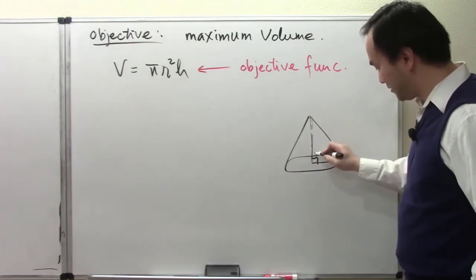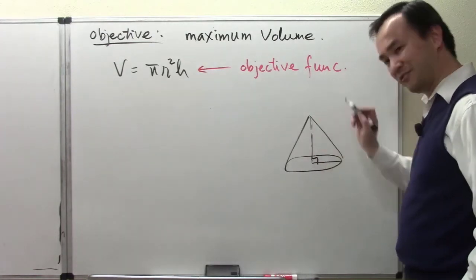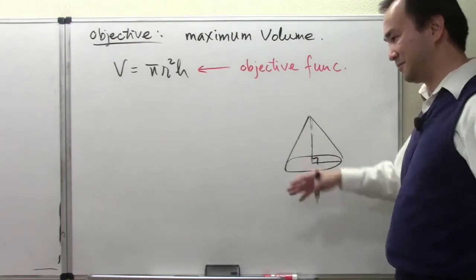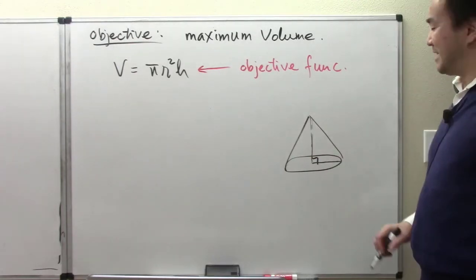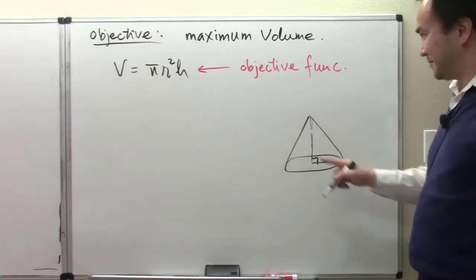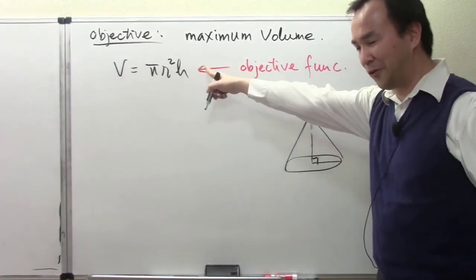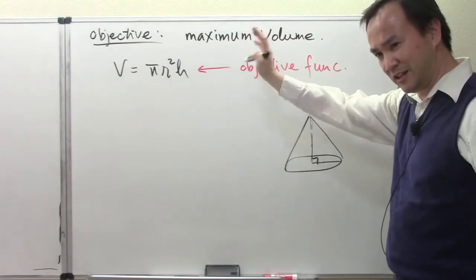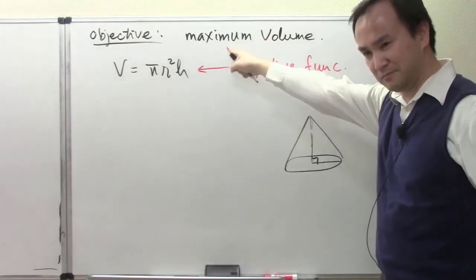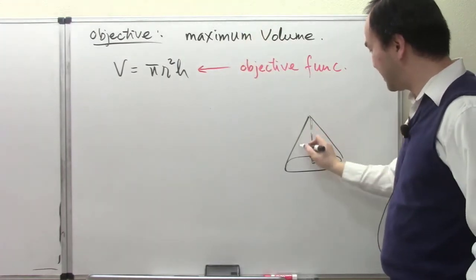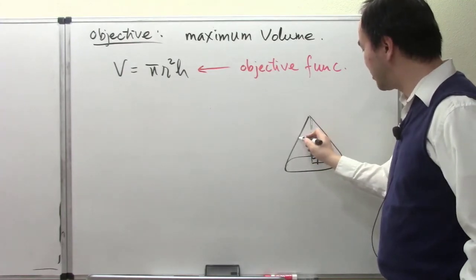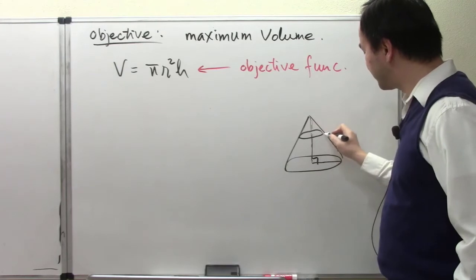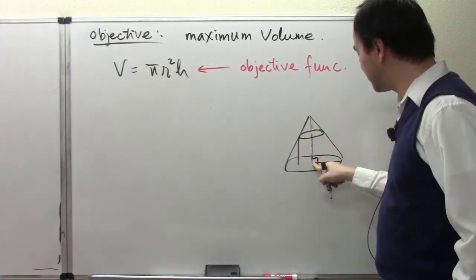That's why it's called a right circular cone. Formally speaking, but normally it's just a cone. That's how people call it. Okay, so the idea of this problem is that the cylinder we're aiming at maximizing the volume of is the cylinder that's being inscribed. This is how we're inscribing it. Think about inside of that.